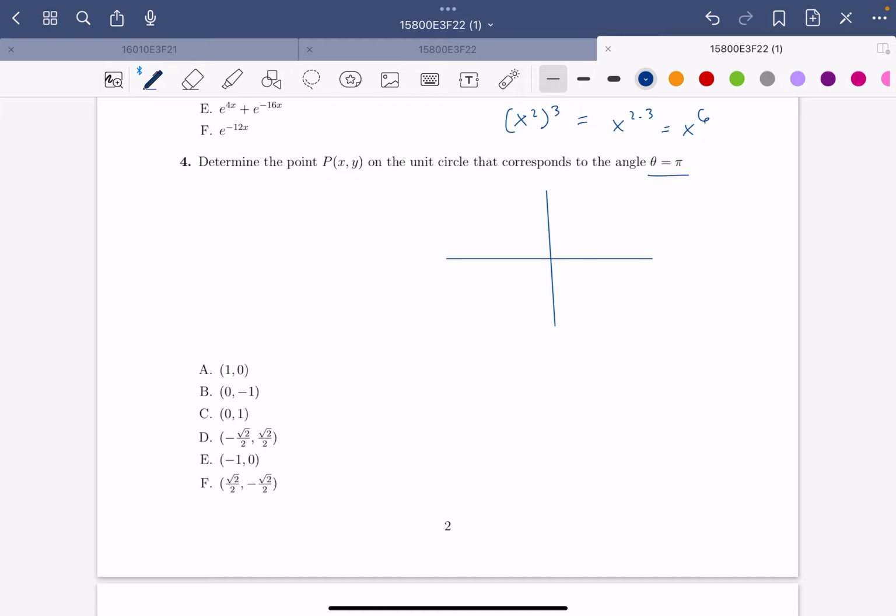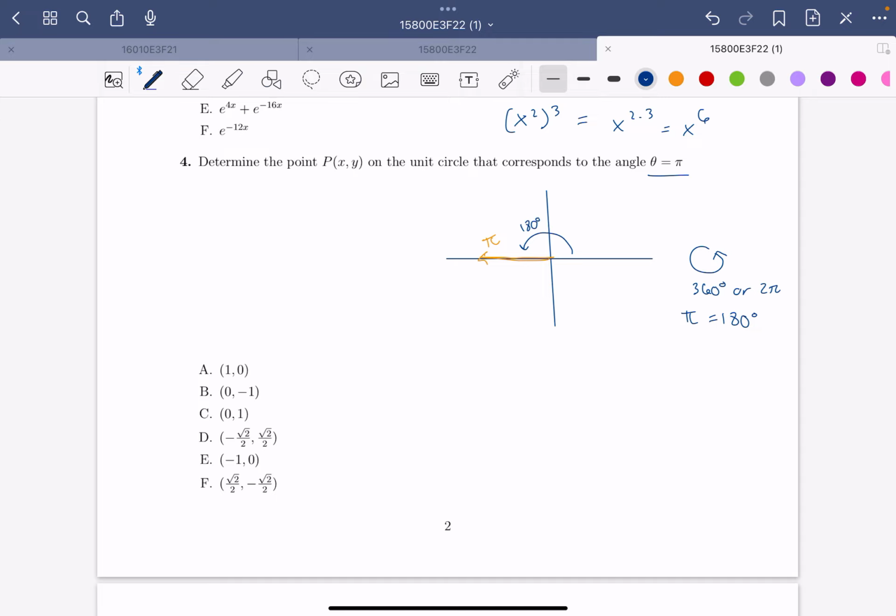If we know that all the way around a circle is 360 degrees, or 2 pi, then we know that pi equals 180 degrees. Now, if we draw that 180 degrees here, we would see that pi occurs right here, or the angle in radians would be pi, which would be all the way on the other side.